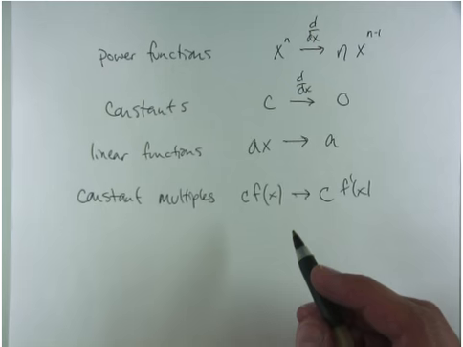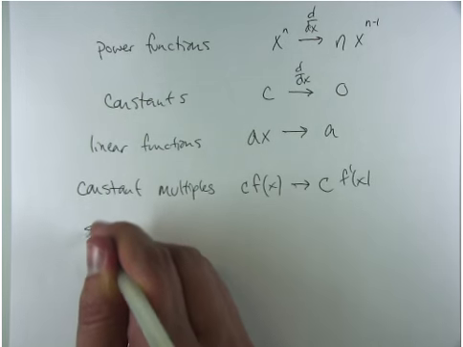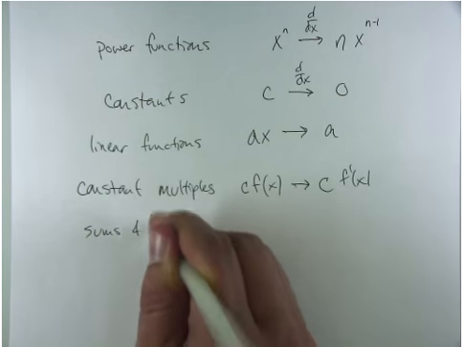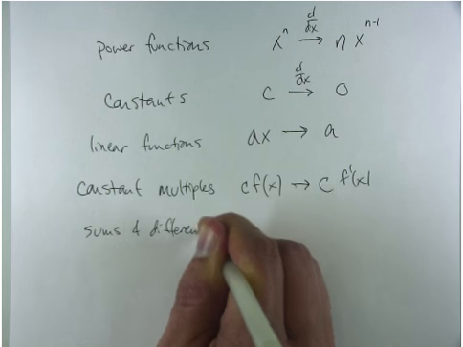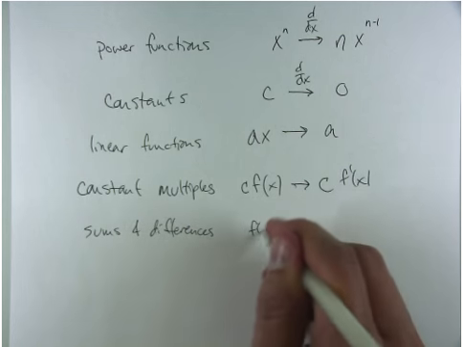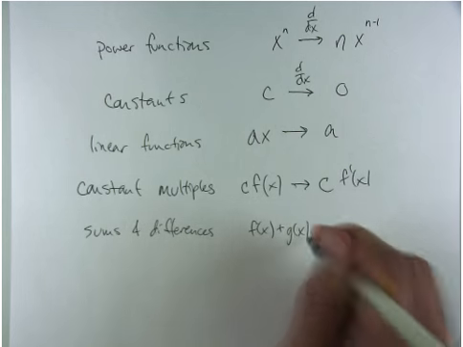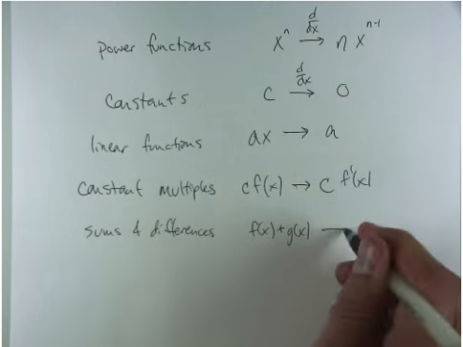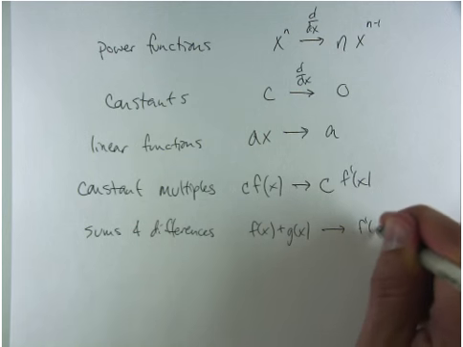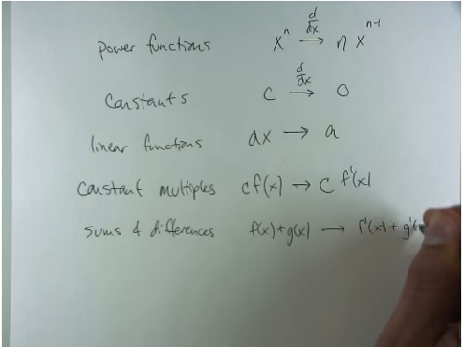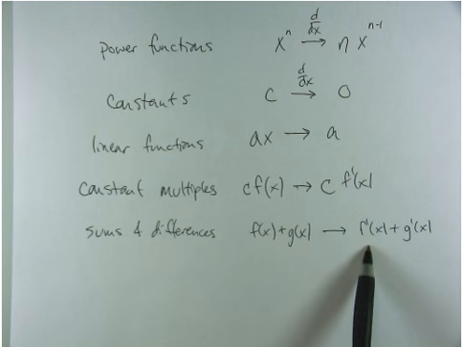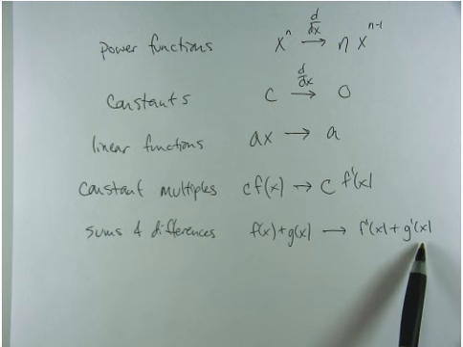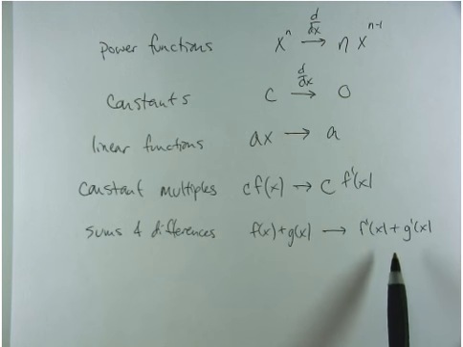We also talked about sums and differences. If I have two functions that are being added together, and I want to take their derivative, I can just take the derivative of the first one, and then the derivative of the second, and add those together. It works exactly like we would want it to.